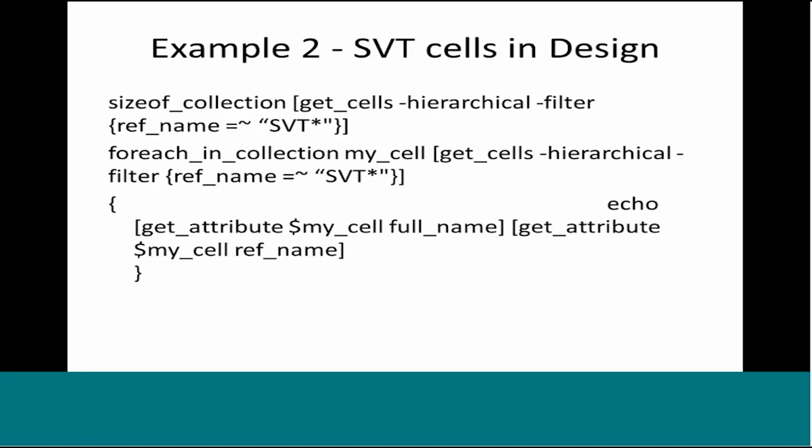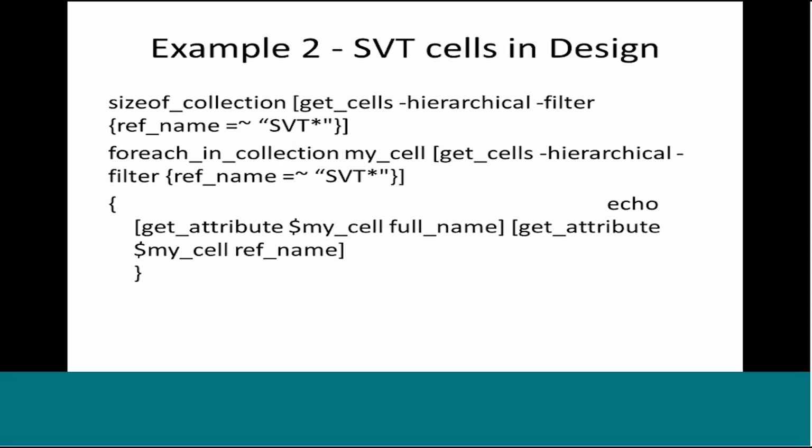Example 2: let's say I want to know the count and instance name of all the SVT cells in the design. For size of collection, I've shown you the example here. get_cells -hierarchical -filter. Don't worry too much if you don't understand this command; you will understand some part of it. get_cells gets a list of cells. Hierarchical means go down the hierarchy, the complete design.